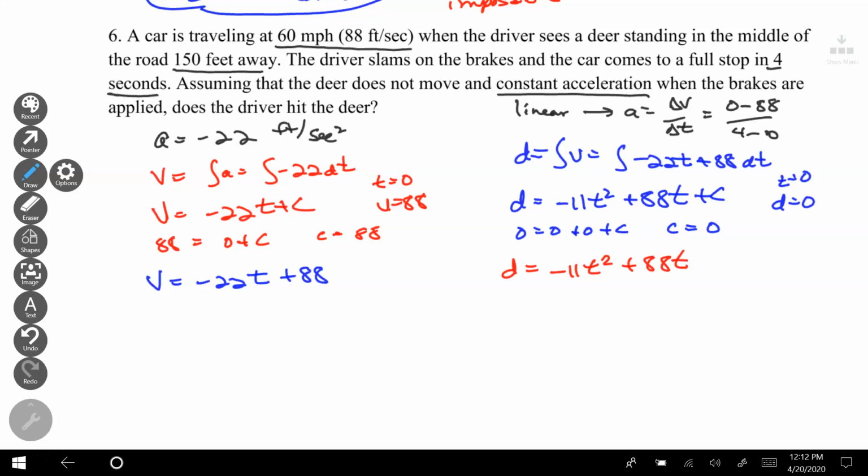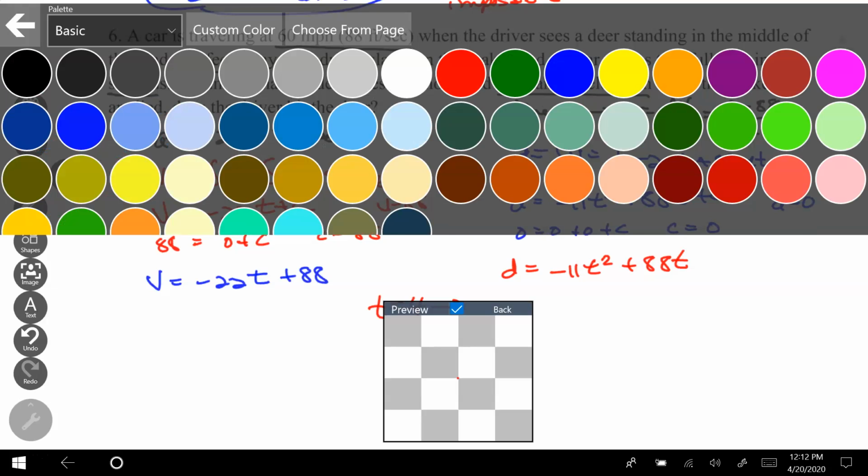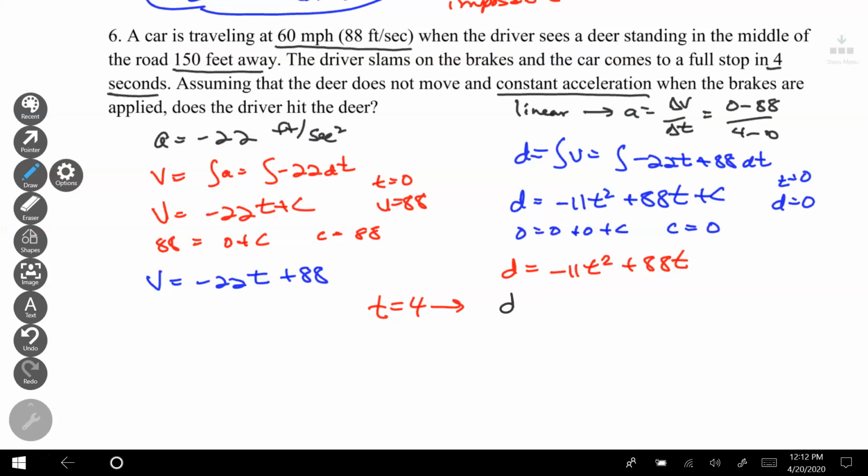Here's my velocity equation, here's my distance equation, and I want to know at 4 seconds, so I'm going to use t equals 4. And d of 4 seconds is equal to negative 11 times 4 squared plus 88 times 4.